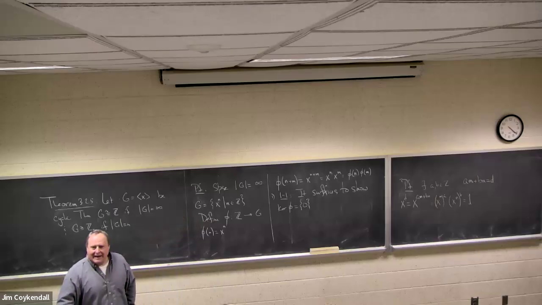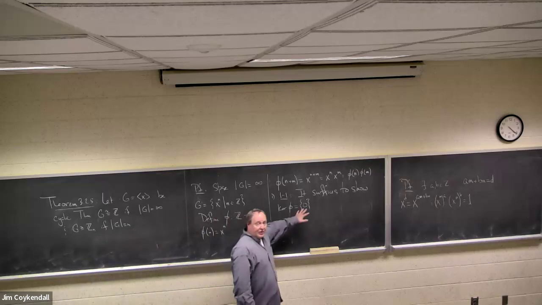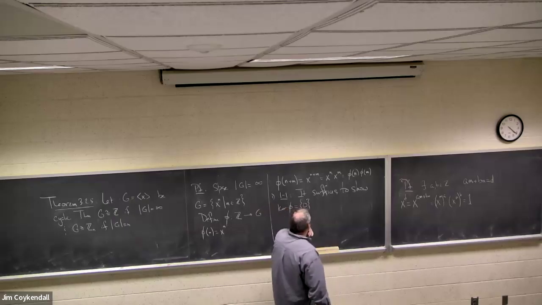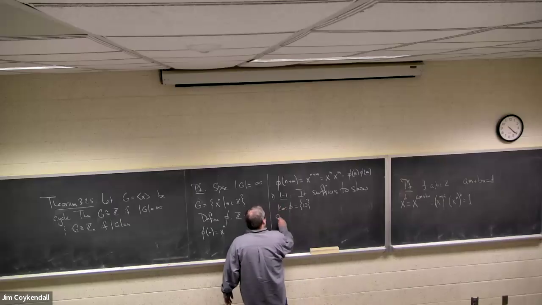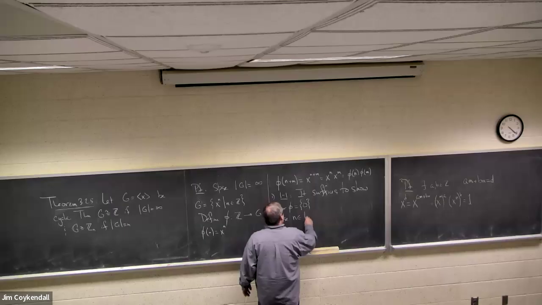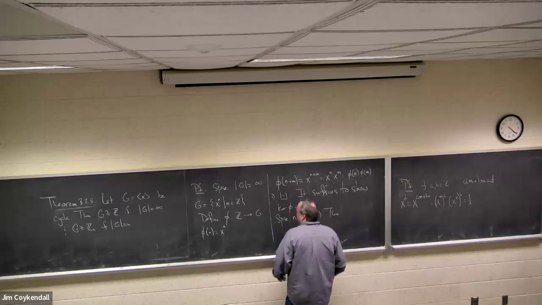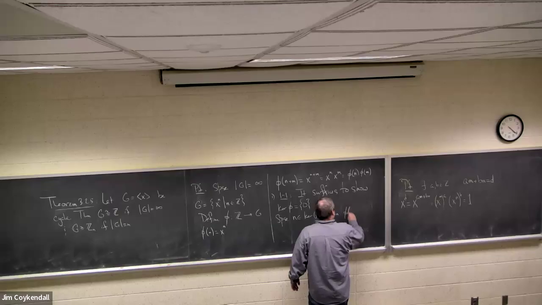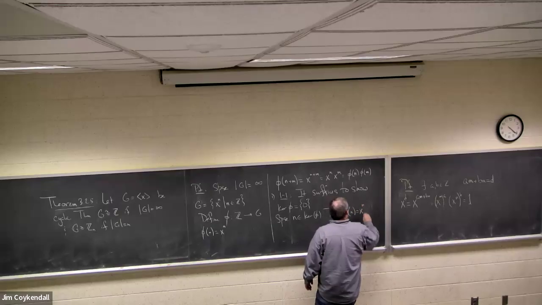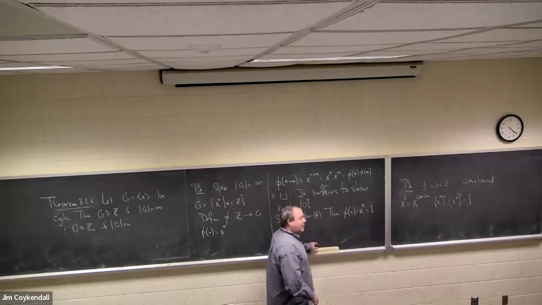This was one of our results from last time: a homomorphism is one-to-one if and only if its kernel is trivial, consists only of the identity, which is 0. Well, certainly 0 is contained in the kernel. So suppose n is in the kernel of phi. Now let's see, what does this mean? This means phi of n equals x to the n equals 1, which is the identity in the group written multiplicatively.